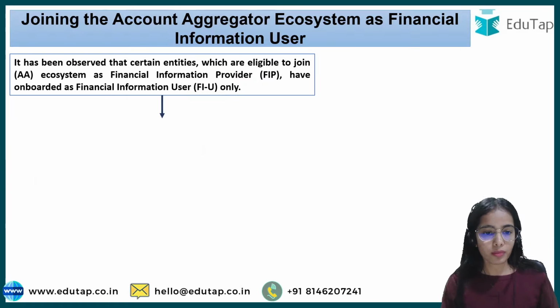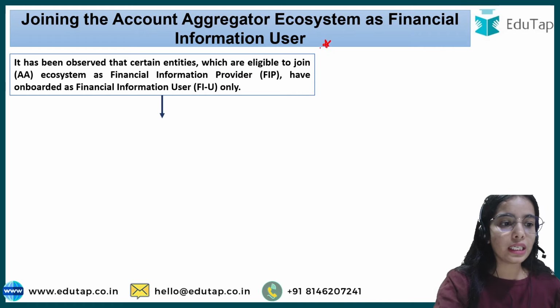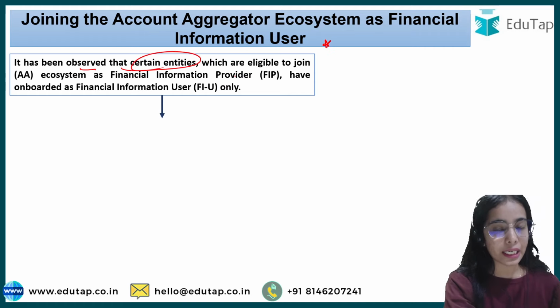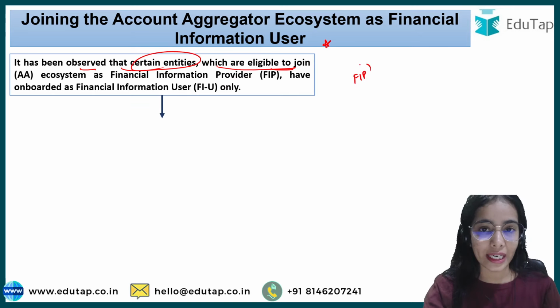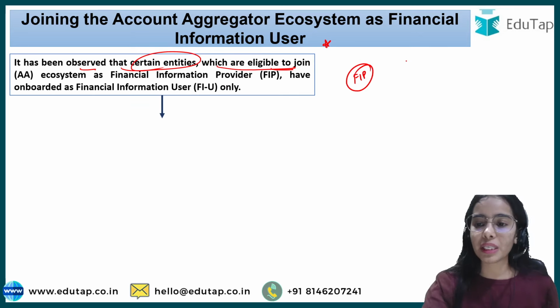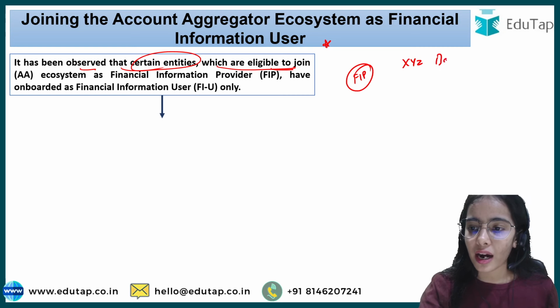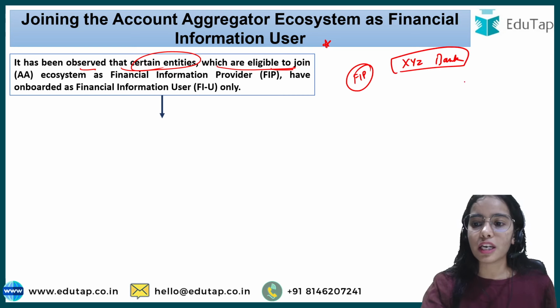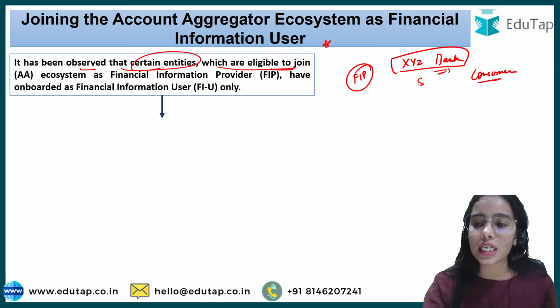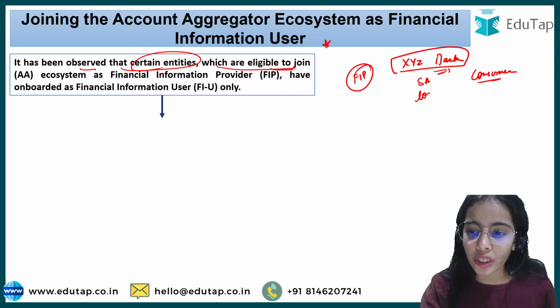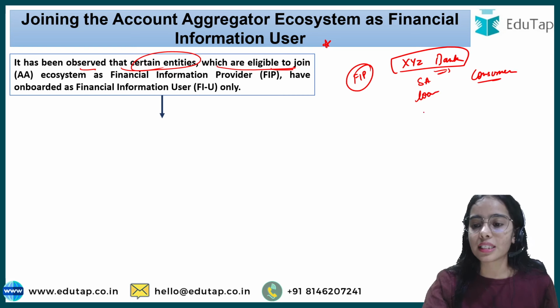Okay. So now coming to the news article, it has been observed that certain entities which are eligible to join as financial information providers do not. Let's take an example: there is XYZ bank that has the information of the consumers. This is a bank, so it has the savings account details, loan details, credit details, current account details, even the asset details.